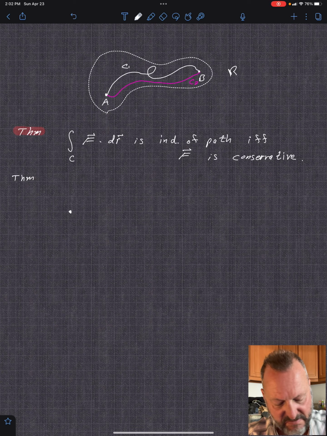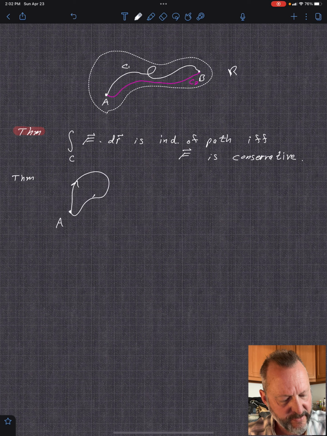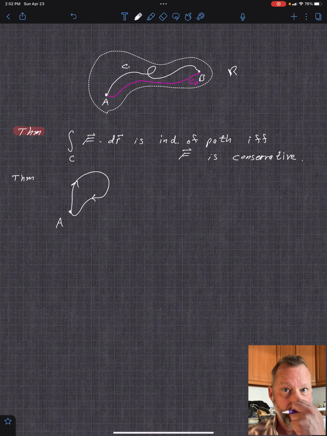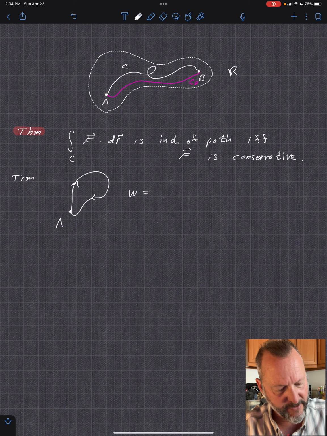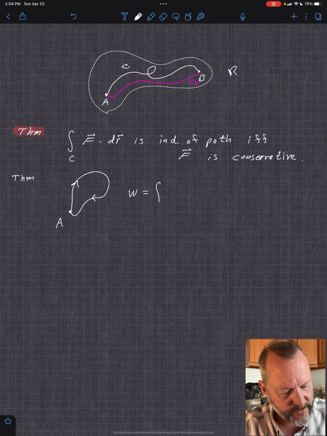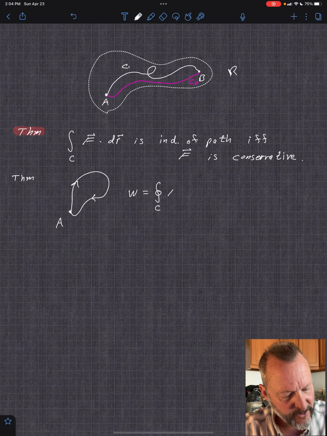So I simplified this a little bit. So you take any closed path. If you integrate around a closed path, then it is zero. The work basically is zero. So you integrate around a closed path. That's what that circle will mean, is closed.